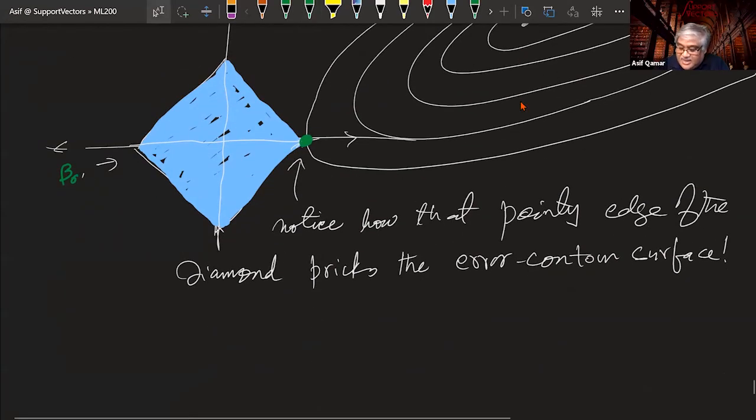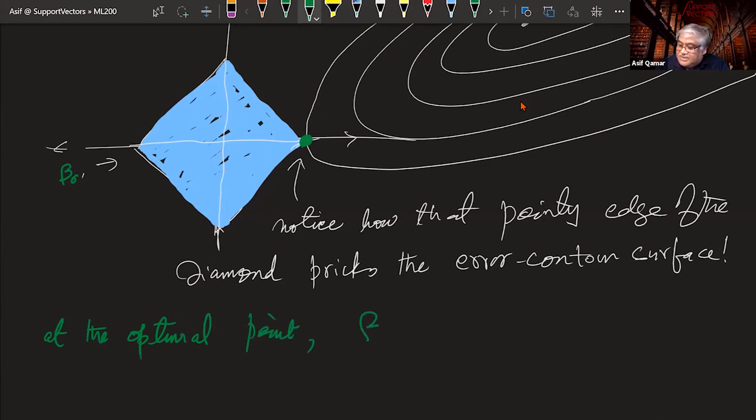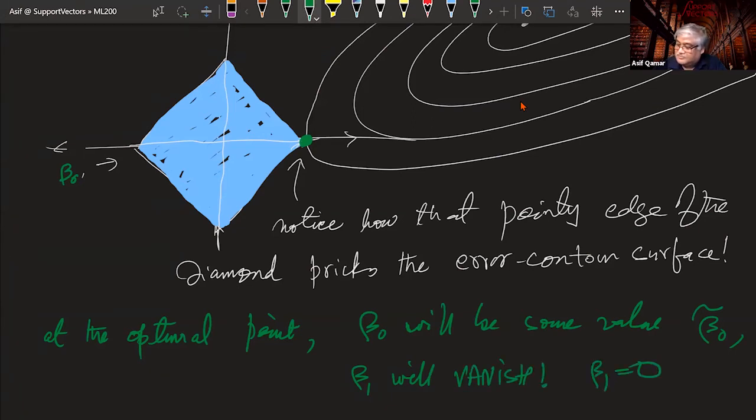So what will happen is, at the optimal point, beta naught will be some value, that will be beta naught tilde, and beta 1 will vanish. The perfect value of beta 1 will be 0. Do you see this, guys? This point is beta naught tilde and 0.